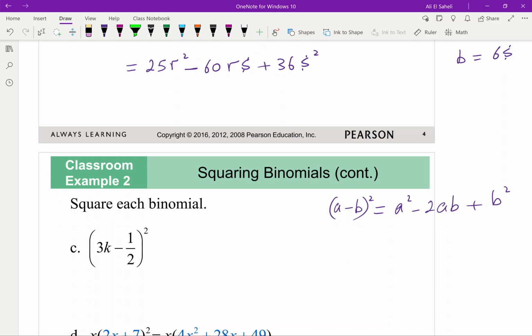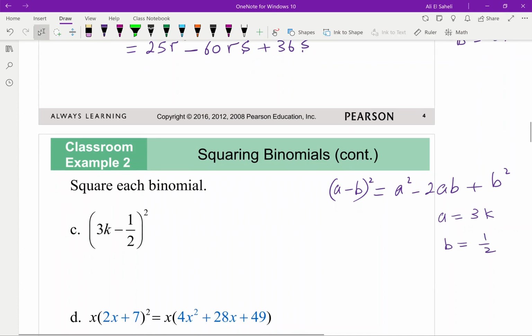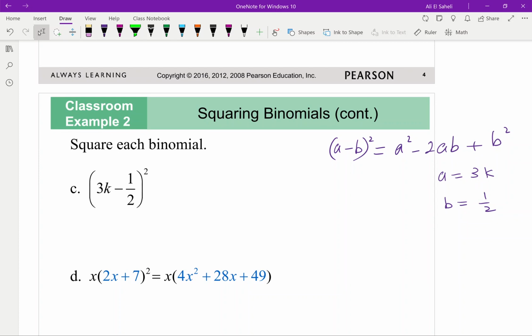So in this case, A is 3k and B is 1 over 2. That's straightforward as long as you apply the rule. So this is equal to 3k squared, so 9k squared, minus 2 times 3k, which is A, times half, which is B, plus 1 over 2 squared.